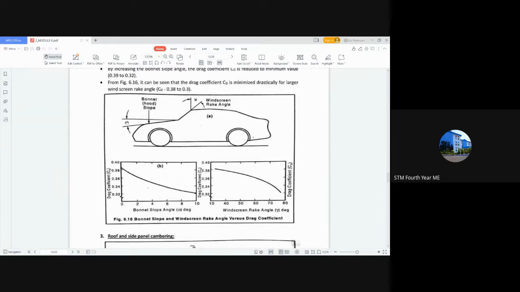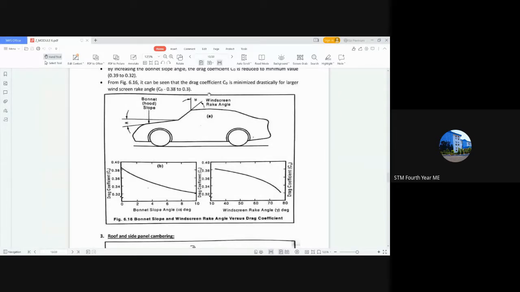It is not a huge difference. The bonnet slope provided will be about 10 to 20 degrees. 20 degrees is a big inclination, so that much is not provided. At least 10 degrees is provided, and this bonnet slope facilitates reducing the drag coefficient. That is about bonnet slope.